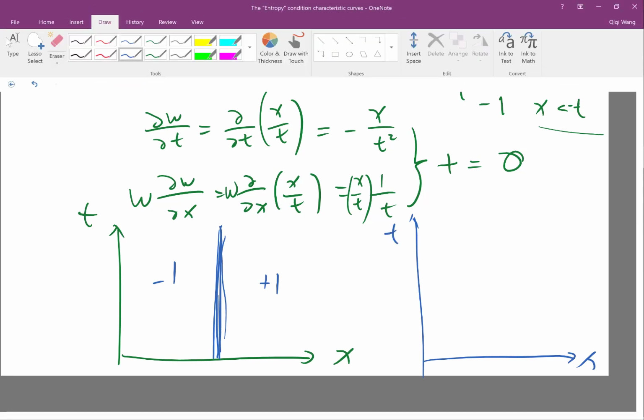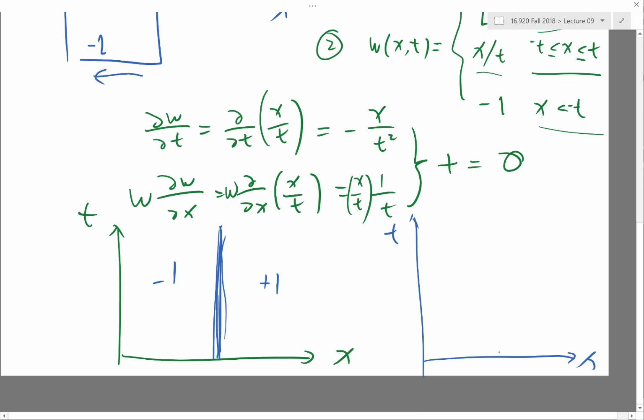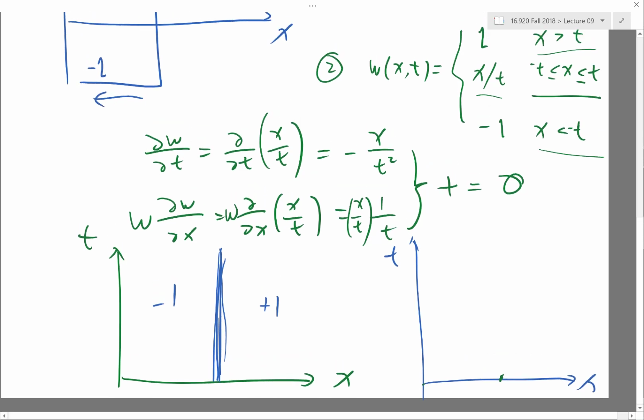I mean, it's not smooth, but at least it's continuous, right? So in the beginning of time, it is discontinuous, but the discontinuity disappears after an infinitesimal amount of time. Instead, I have a slope of 1 over t, which means the slope gets more and more gentle as time increases.